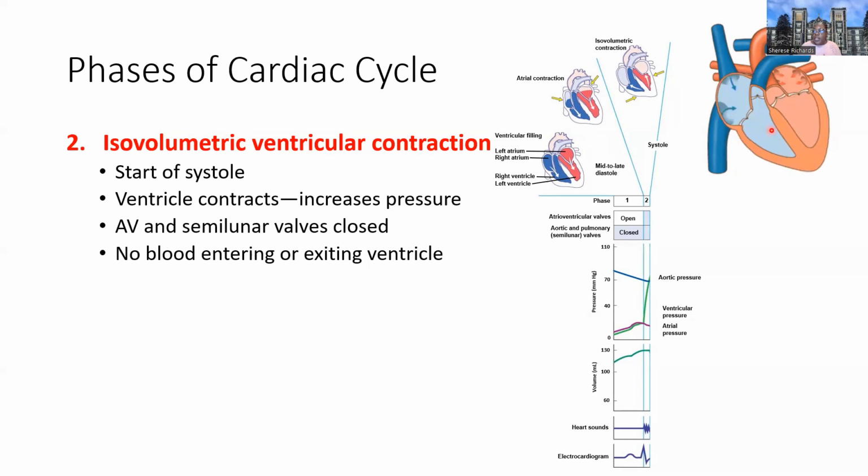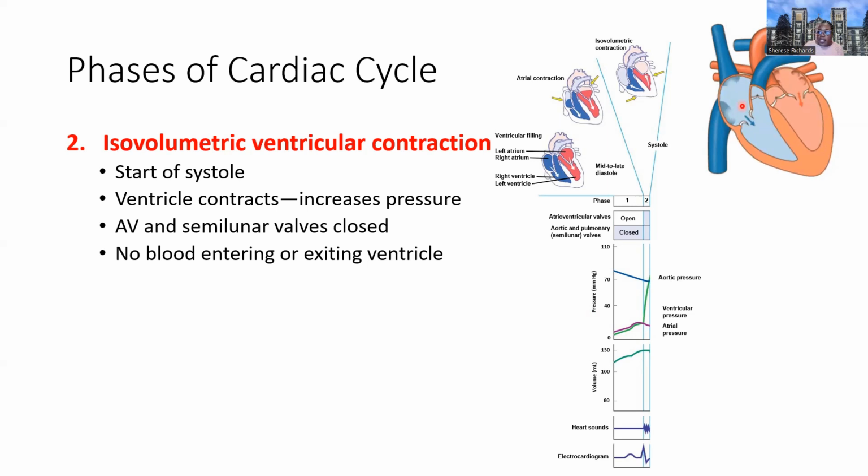This is why it's so important to understand the gradients that are created, which allow blood to move, because when those gradients dissipate, the blood stops moving. So we pour blood down in phase one, and then the pressure in the ventricle is now higher than that in the atria, and so we have a closure of those AV valves.